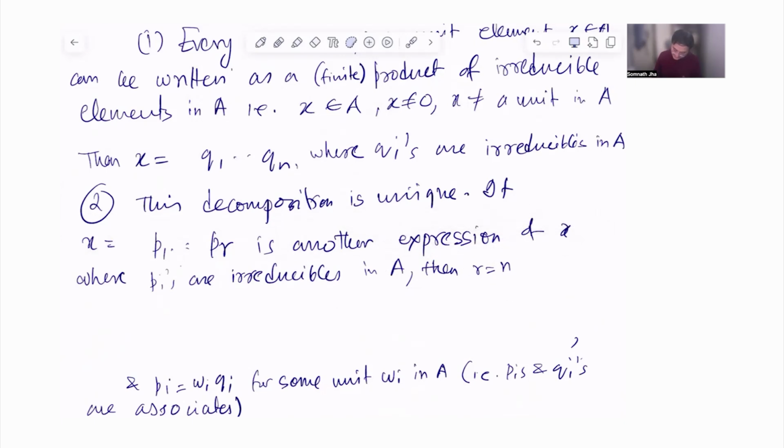So the number of irreducibles is the same, and moreover, up to permutation, the pi's and qi's are essentially the same.